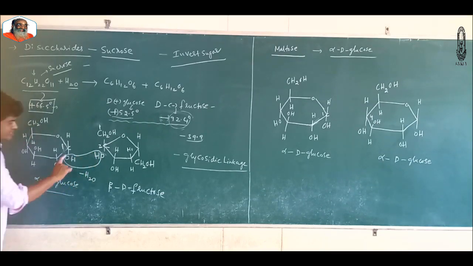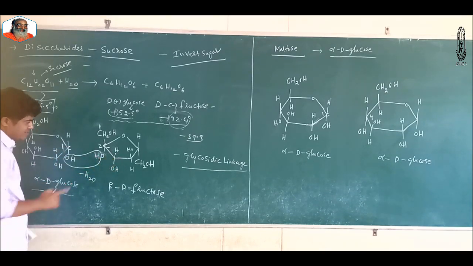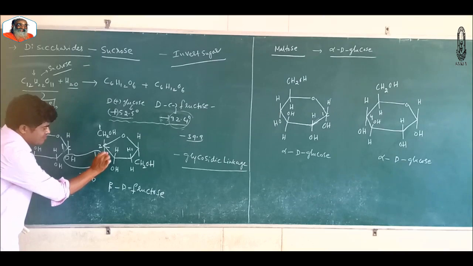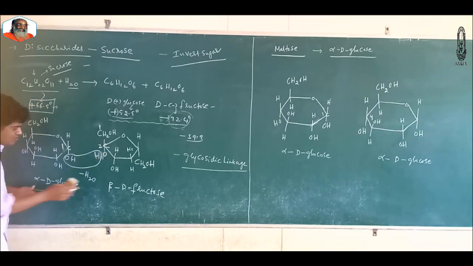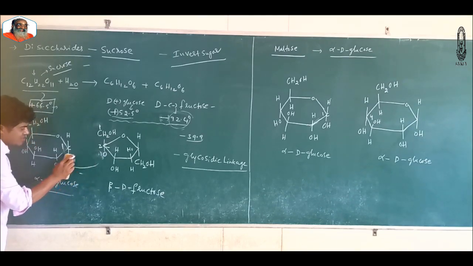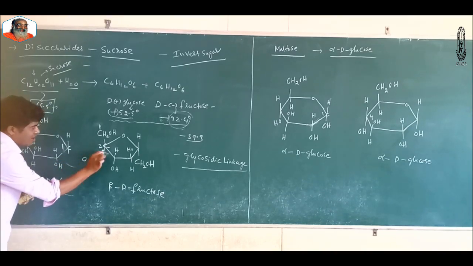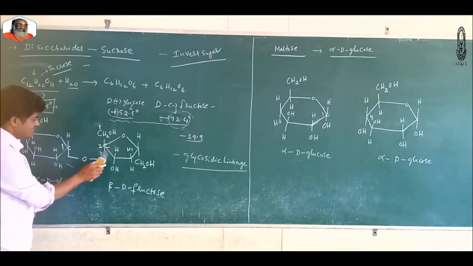These 2 units are linked to each other through an oxygen atom by the loss of a water molecule. When HOH is removed, that is the water molecule. Now, what is finally left? Oxygen is left. They are linked to each other by an oxygen atom. Please remember here.